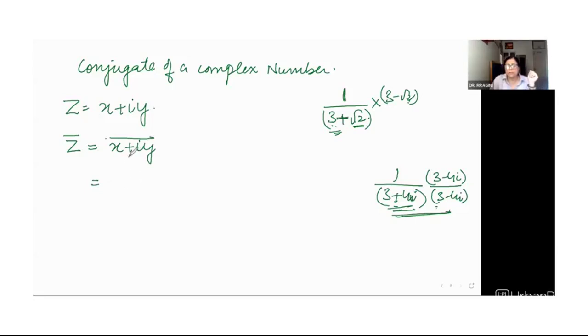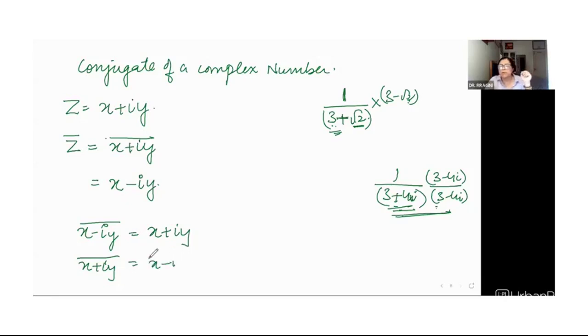When we write it, it means we have to change the sign of the imaginary part, right? The conjugate of this is this, and vice versa. See, the conjugate of x minus iy will be x plus iy, and the conjugate of x plus iy will be x minus iy. They are conjugates of each other, right?